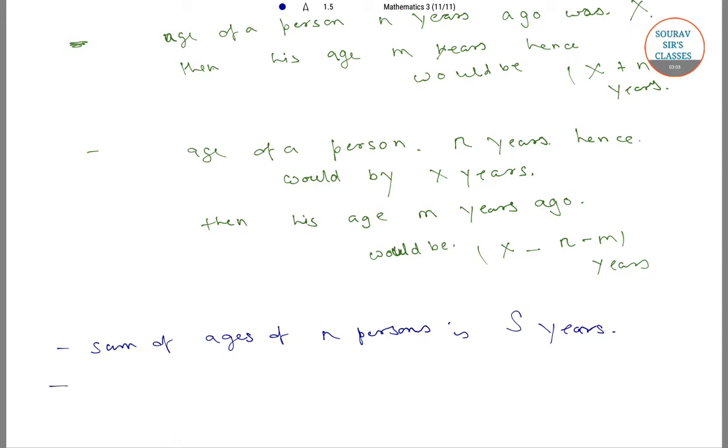Then the sum of their ages M years ago was S minus M into N years.